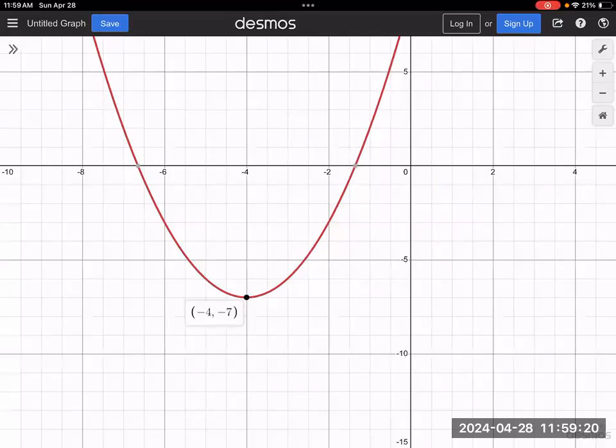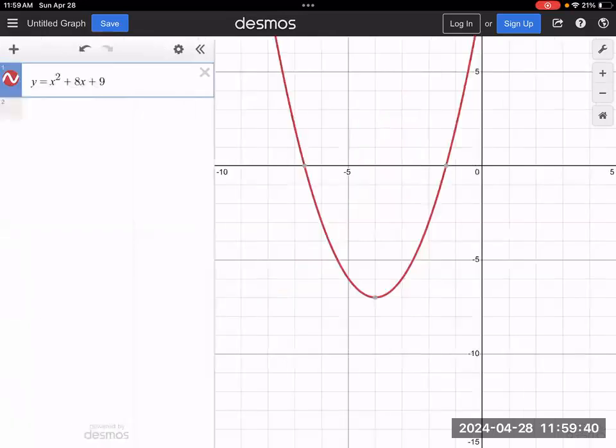Now let's take a look at your x-intercepts. We have here at -1.354 and another one at -6.647. Now, do we have a y-intercept? While I can't see it on here, I can also pull it out from my equation.